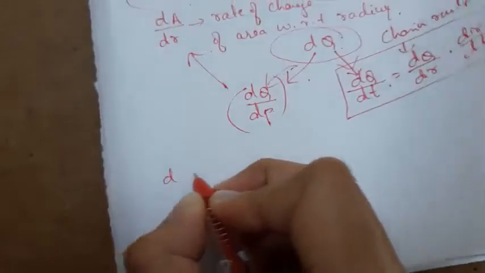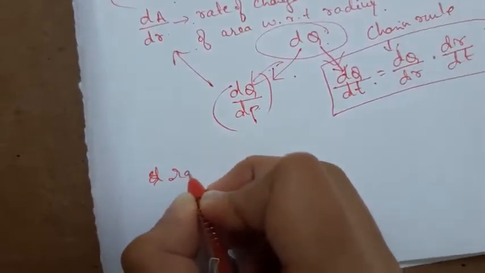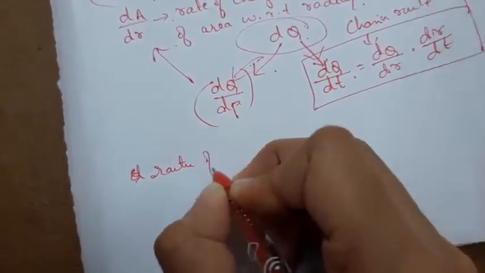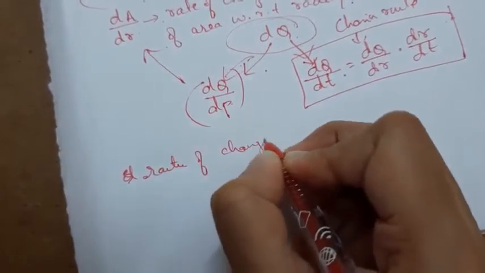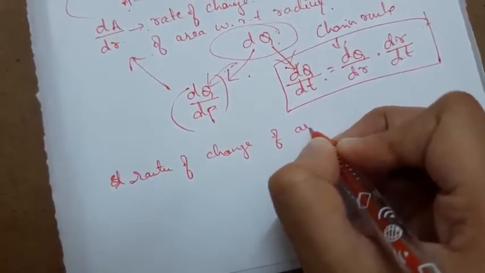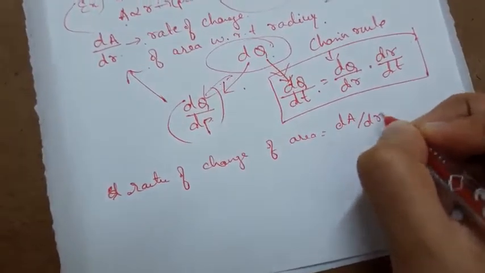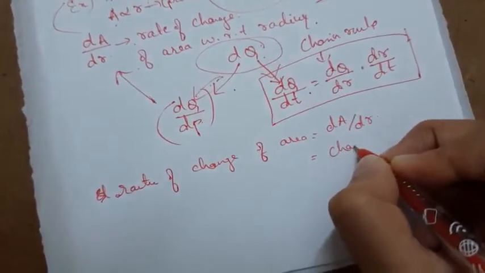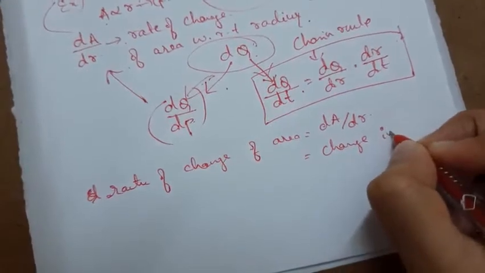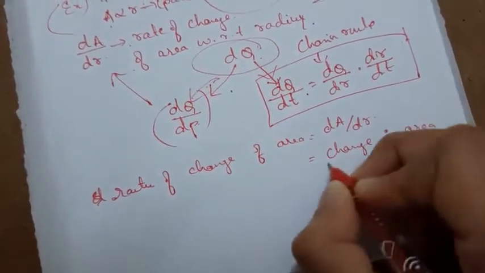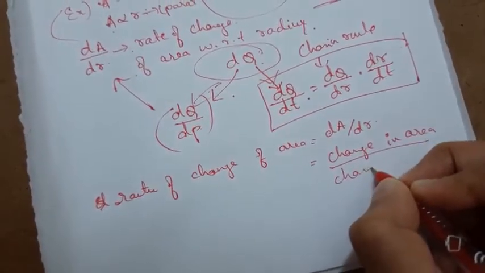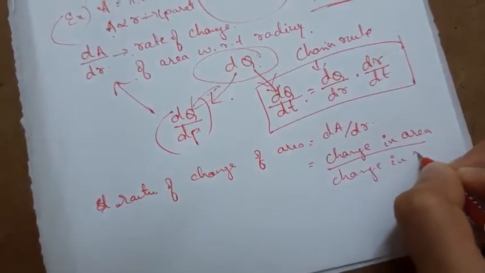Suppose I write the rate of change of area, that is equal to dA by dr. It is nothing but the change in area divided by the change in the radius, right?